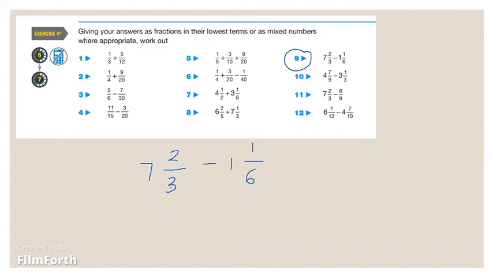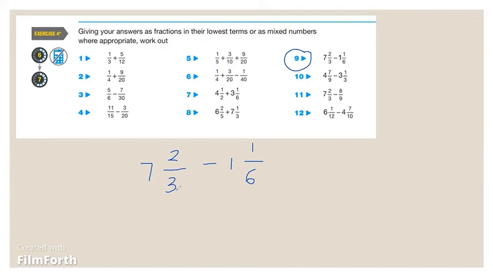Right. Now, there are 2, 3 ways to do this. What I'm going to do is use the first method. Why am I using this method? Because it's convenient. If you feel you can use another method, you can, right?